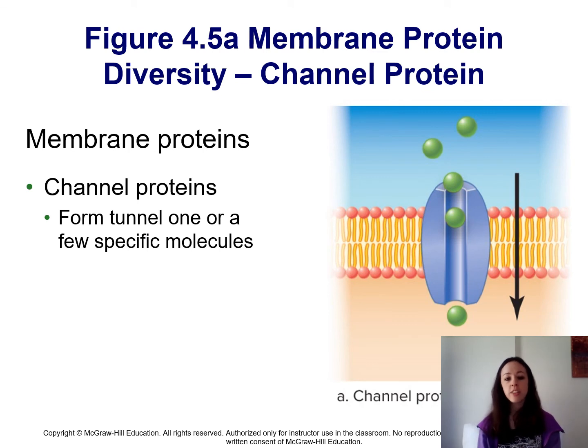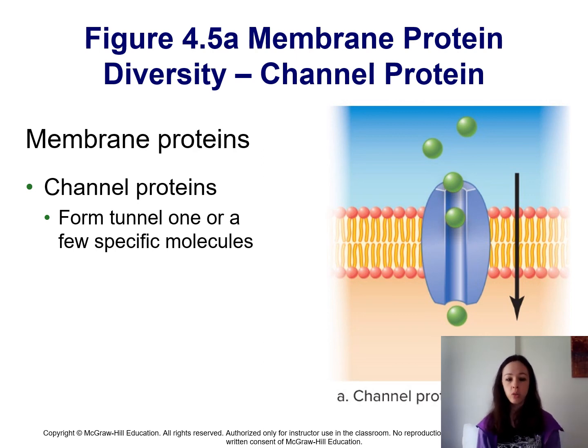There's a couple of different kinds of proteins that help the ions move into the cell or out of the cell. Channel proteins are the type of proteins that allow ions to flow down their concentration gradient. And because of this, channel proteins are not going to use energy. An example of a channel protein found within our cells are aquaporins, and these are specific for water molecules.